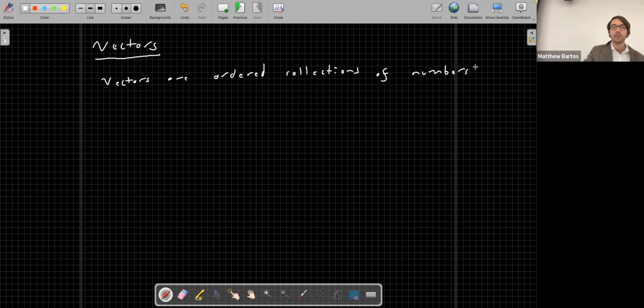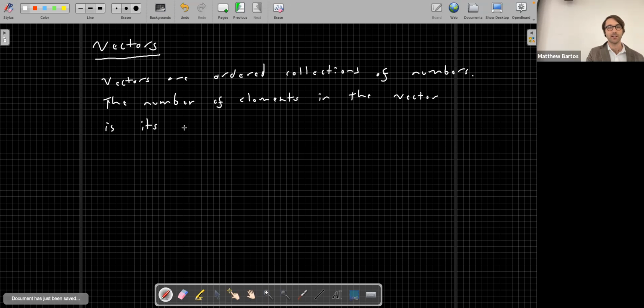The number of elements in the vector is its dimensionality or dimension. Okay, so I just want to give you some terminology.